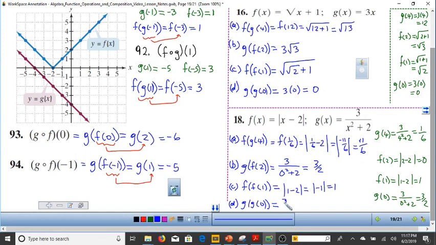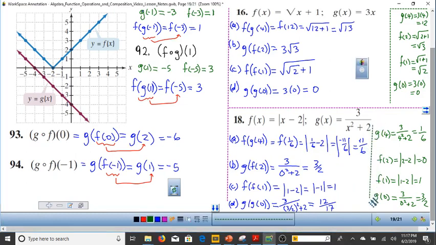You can do that on your calculator. And that will give you 12 over 17, which you can get by multiplying numerator and denominator by 4. So 4 times 3 is 12. 9 over 4 times 4 is 9. 2 times 4 is 8. 8 plus 9 is 17. And there you go.